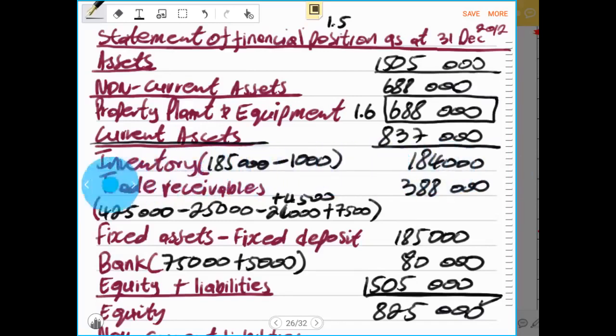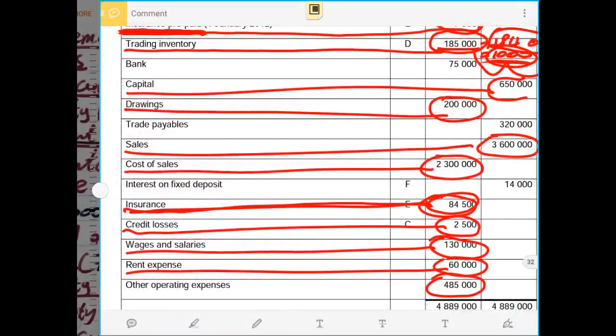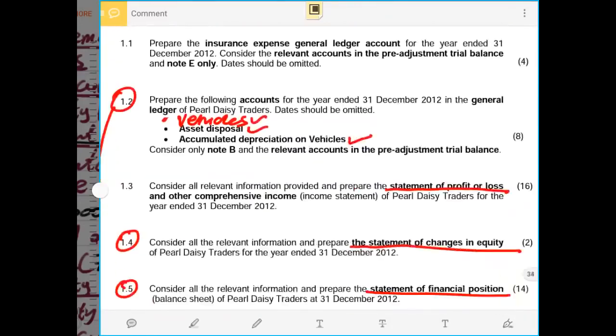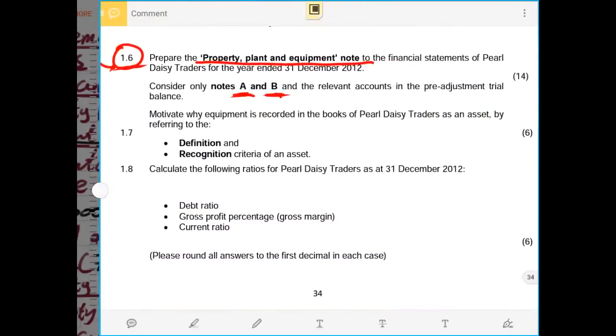However, it is still very important for students to understand the definition of assets. In 1.7, you were required to define an asset and recognize an asset. Don't forget that an asset, in this case being equipment, because you are required to define equipment.